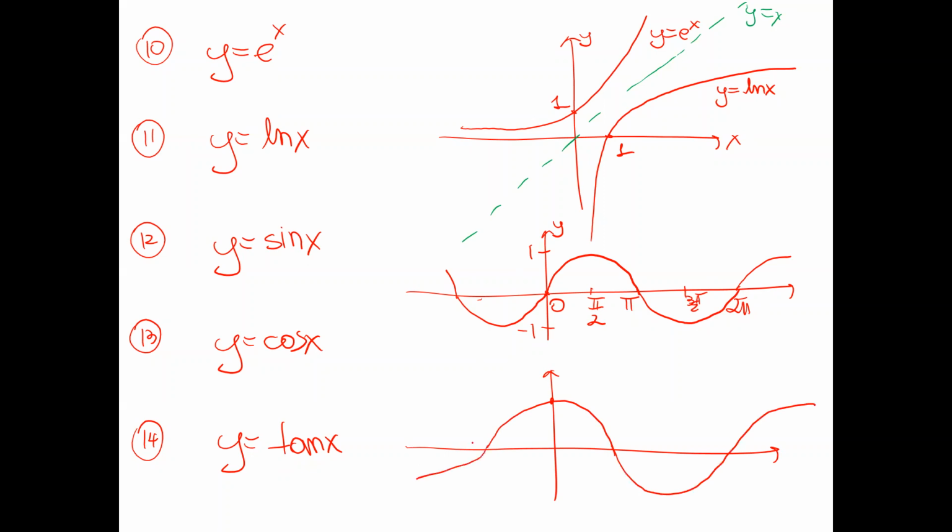That's pi over 2. That's pi. That's 3 pi over 2, and this will be 2 pi. That means this is one period. We did talk about it. Also, the range is from -1 to 1.